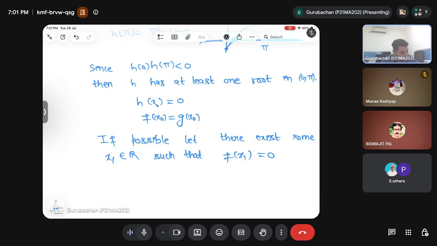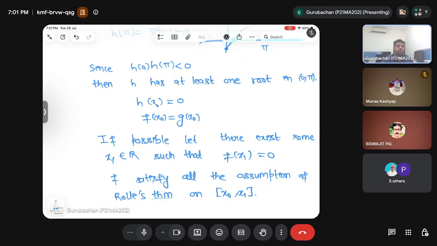Now can we apply Rolle's theorem on x naught to x1? h satisfies all the assumptions of Rolle's theorem on the interval x naught to x1. Can I say this?